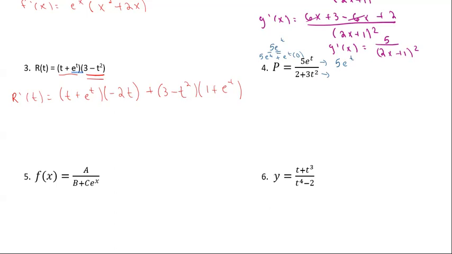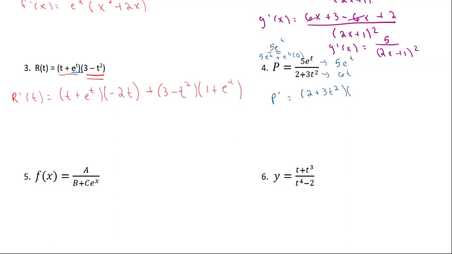And then we need the derivative of 2 plus 3t squared. The derivative of 2 is 0. The derivative of 3t squared is 3 times 2 is 6t, and it would be to the first. So as we go to take our derivative, p prime is going to look like the bottom, so the original bottom right here, 2 plus 3t squared times the derivative of the top.